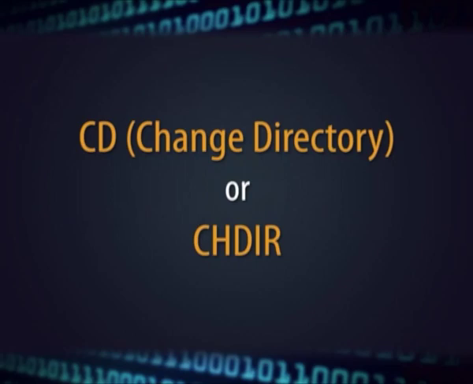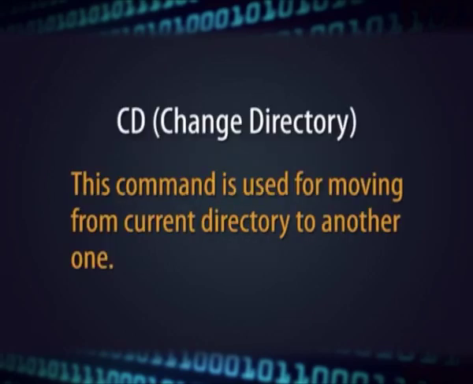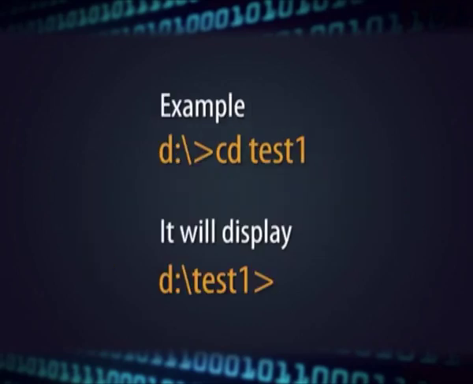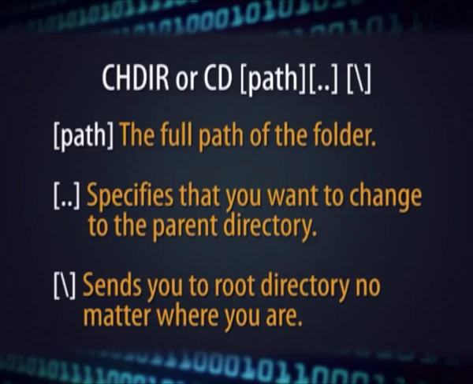Next is cd or chdir, that is change directory. It is a useful command for moving from the current directory to another one. For example, d:/ prompt cd space test1 will display d:/test1 prompt.